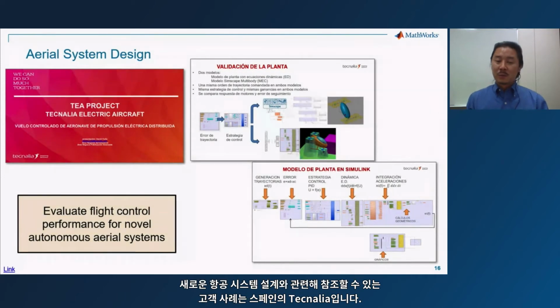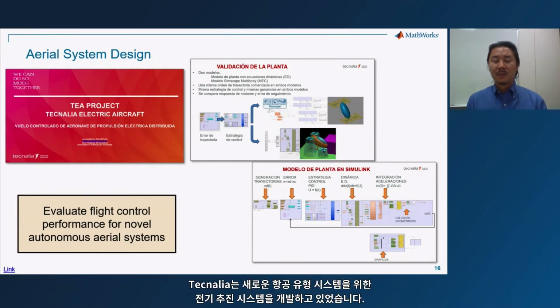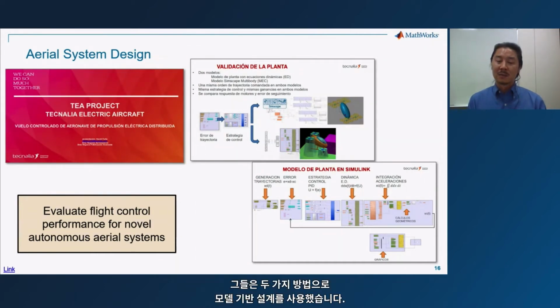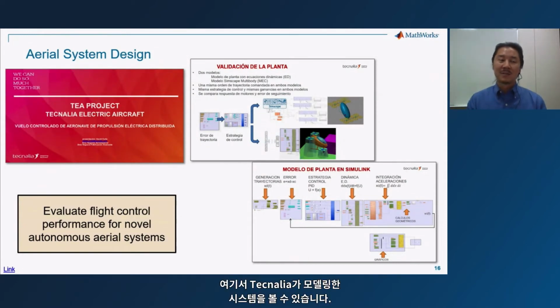And the customer reference for novel aerial system design is from Tecnalia over in Spain. Tecnalia was developing an electric propulsion system for new aerial type systems, and they did so using model-based design in two ways, both with physical modeling and with using Simulink to model equations of motion, the vehicle dynamics, right? And you can see the system that they modeled here.